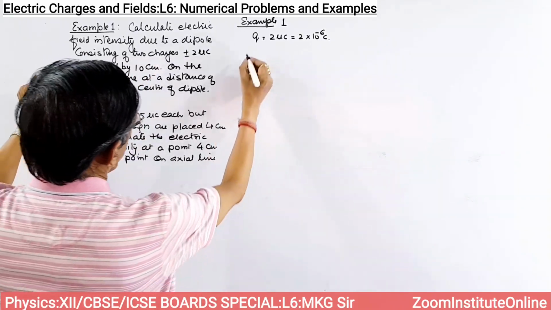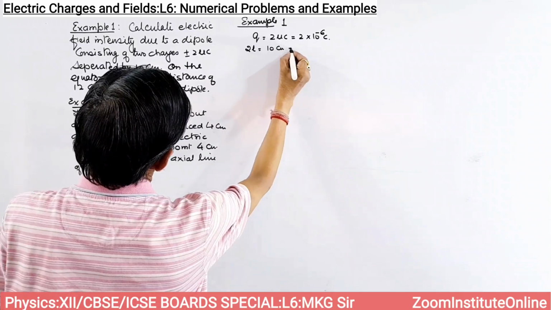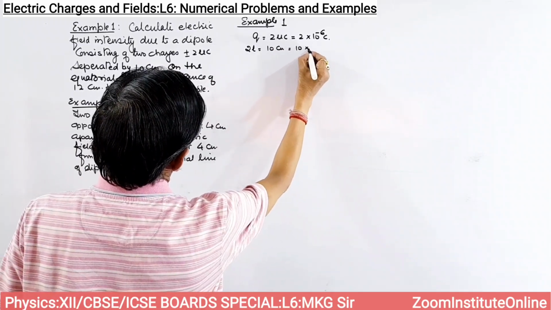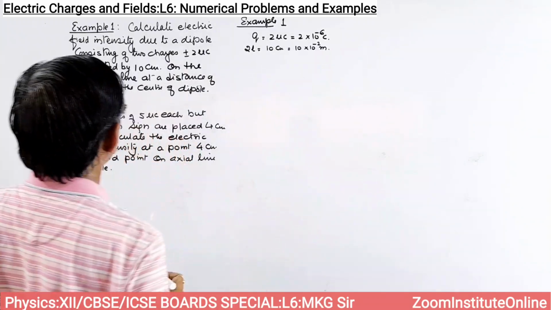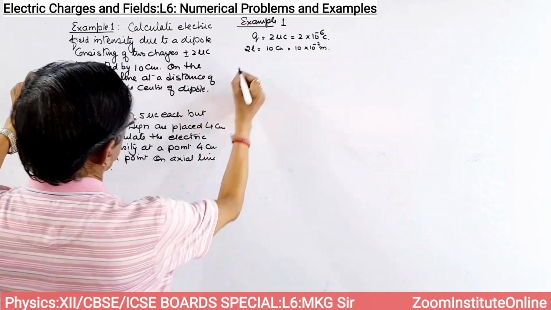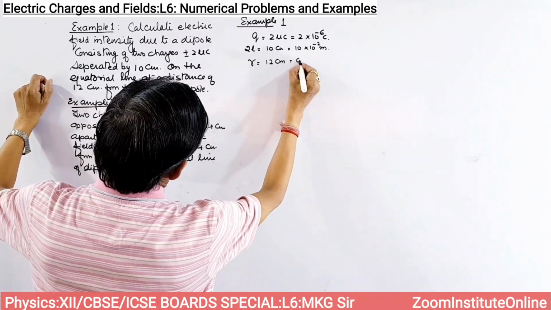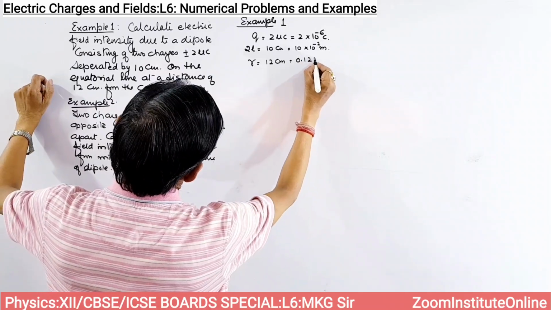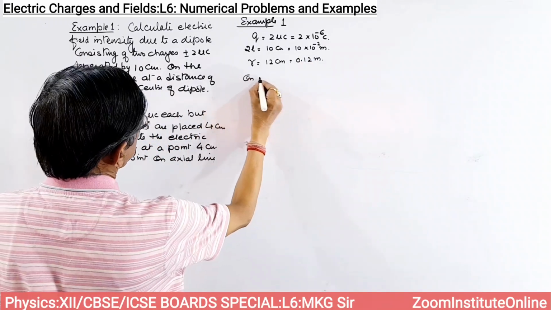Separated by 10 centimeter, its meaning is that 2L is equal to 10 centimeter, which is 10 into 10 to the power minus 2 meter. On the equatorial line at a distance of 12 centimeter means R is equal to 12 centimeter, or you can simply write 0.12 meter.